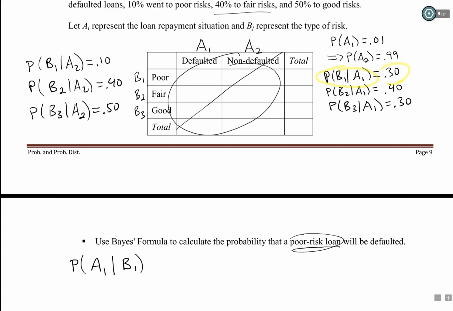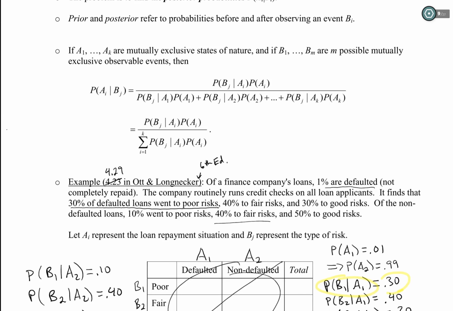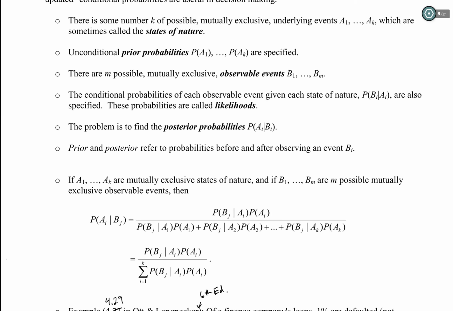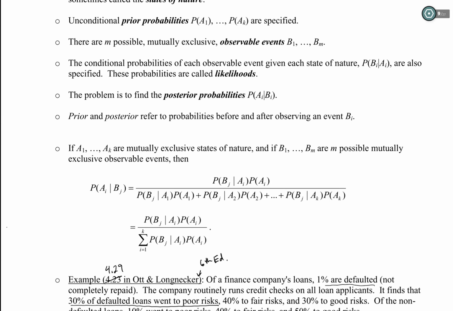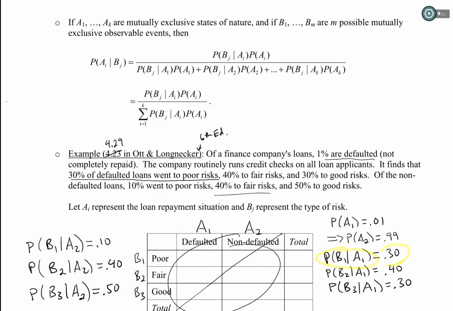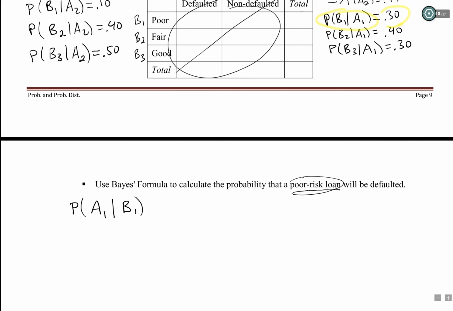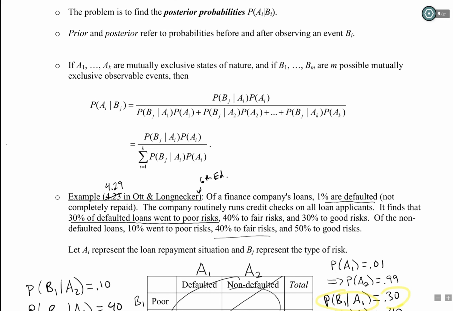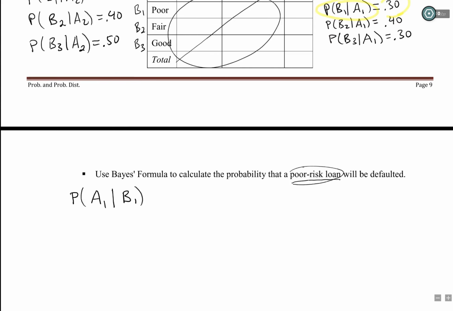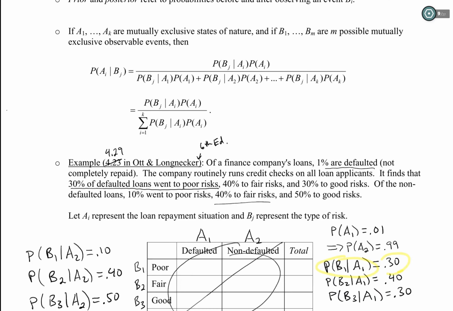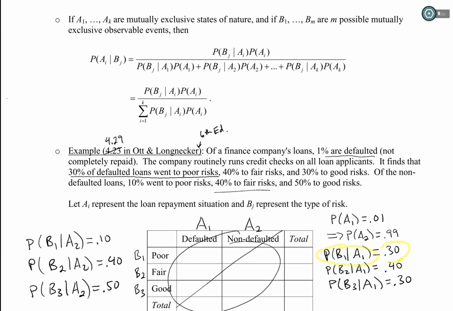If we go back up here and look at Bayes' formula, it has these different designations, prior probabilities, posterior probabilities. Ultimately, I want a posterior probability of A1 given B1. And Bayes' theorem says you can get the posterior probability, it would look something like this. Now my A's and B's are, oh, I thought they were switched, but they aren't. Okay, they're fine.